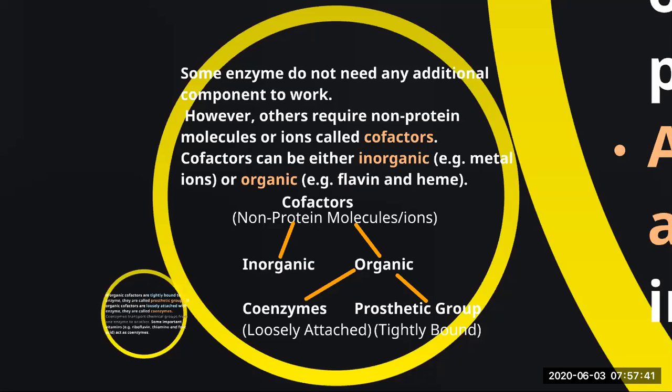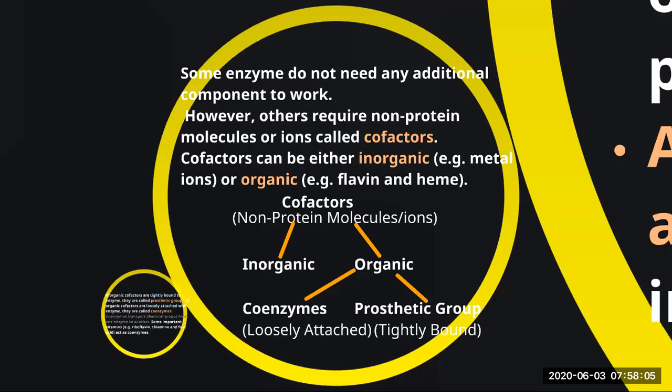Organic cofactors can further be classified as coenzymes and prosthetic groups. If an organic cofactor is tightly bound to the enzyme, then it is called a prosthetic group. But if an organic cofactor is loosely attached, it's called a coenzyme. This is the easy way to remember this point.